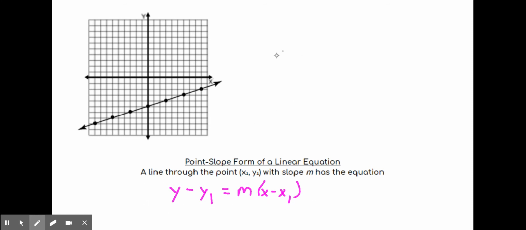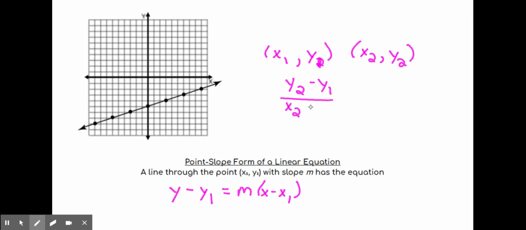Where it comes from is the slope formula. Let me just briefly show you this. If I have the point x1, y1 and the point x2, y2, we learned the slope formula when we were learning how to find slope. And we said y2 minus y1 over x2 minus x1 equals the slope, right? Now, some of you don't use the slope formula. Some of you use the mini table, but this is the slope formula.